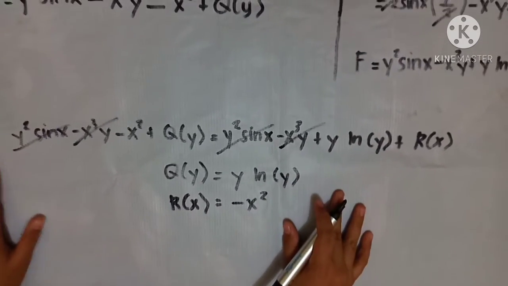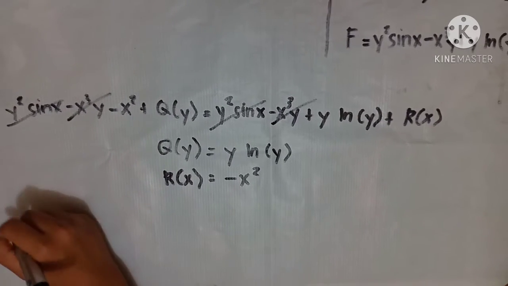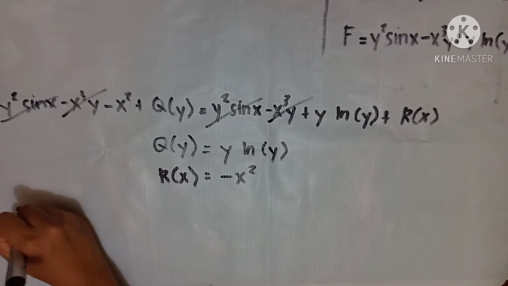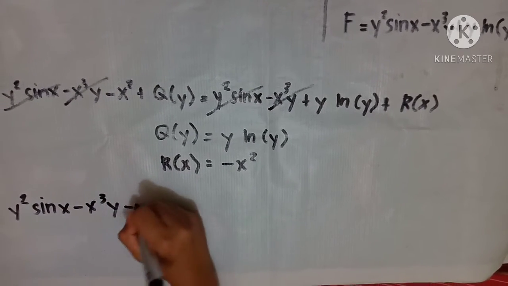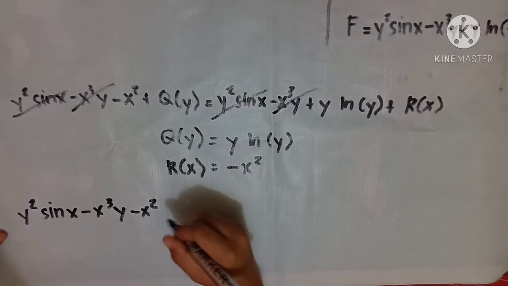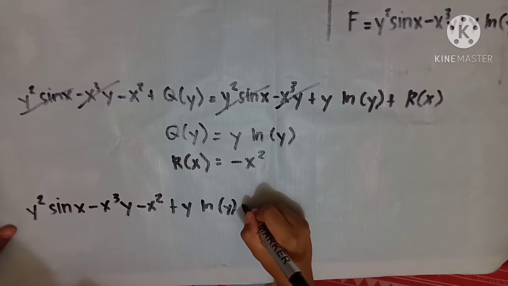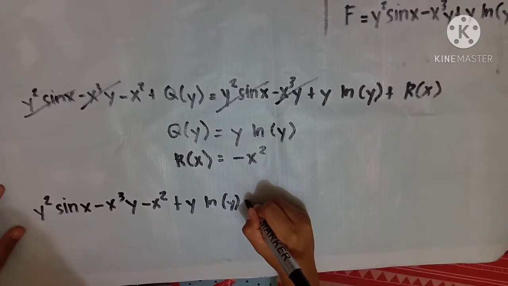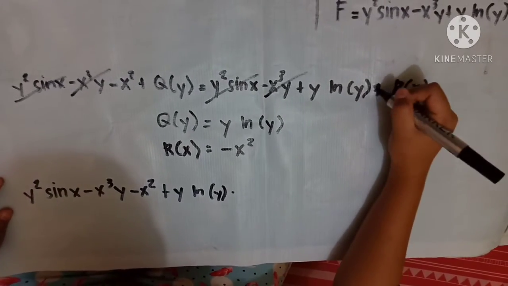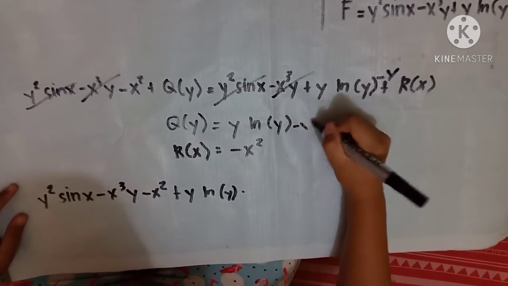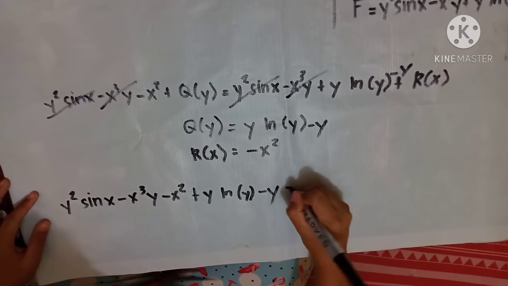Since we have the value of our q of y and our r of x, we will now then substitute respectively. So for our first solution, we have y squared sine x minus x cubed y minus x squared plus the q of y, which is y ln of y, I forgot, minus y equals to c.